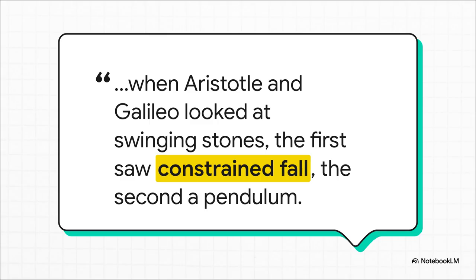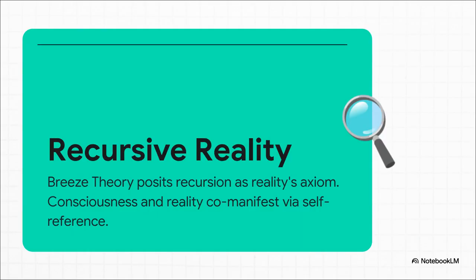When Aristotle looked at a swinging stone, he saw an object that was trying to fall to its natural resting place but was being held back. But when Galileo looked at the exact same stone, he saw a pendulum, an object with totally new properties like rhythm and periodicity. The swinging stone didn't change, the system of thought used to observe it did. And some philosophical ideas take this to its ultimate conclusion.